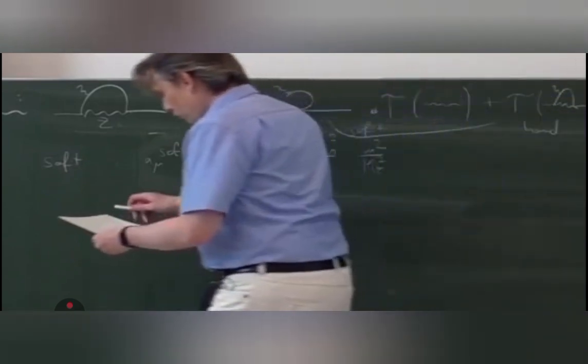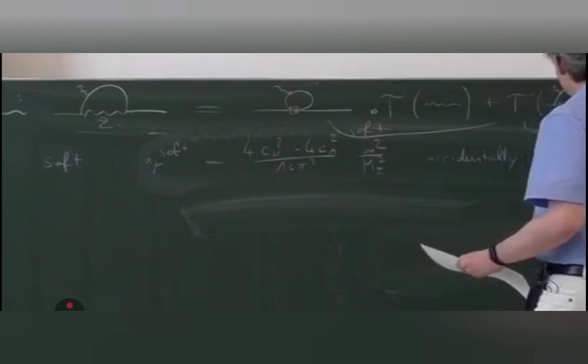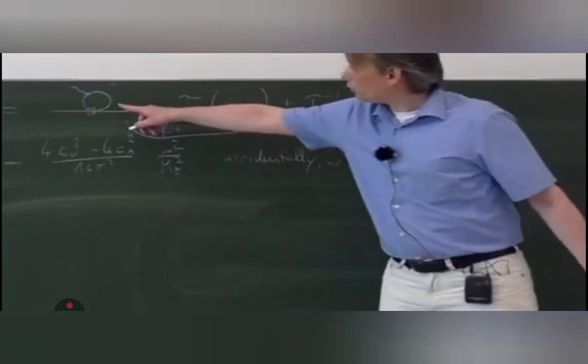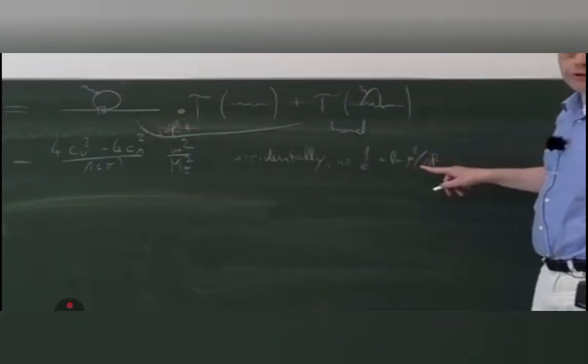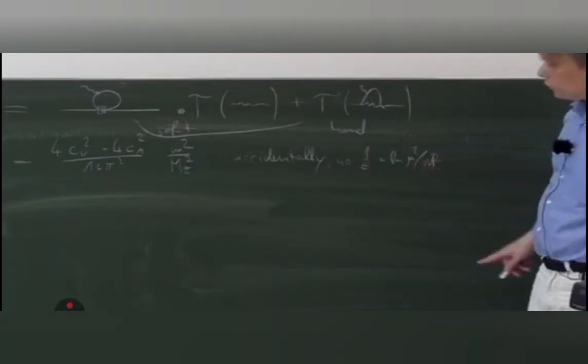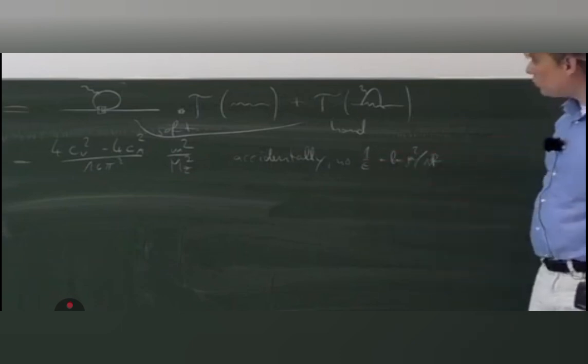Let's write this down maybe. In principle, if there would be a 1/ε pole, it would have to be accompanied with ln μ^2 divided by the muon mass squared, but there is no 1/ε, and therefore there is no log.